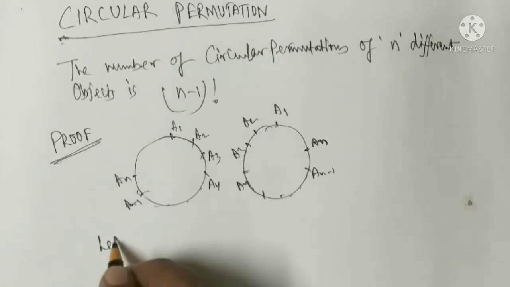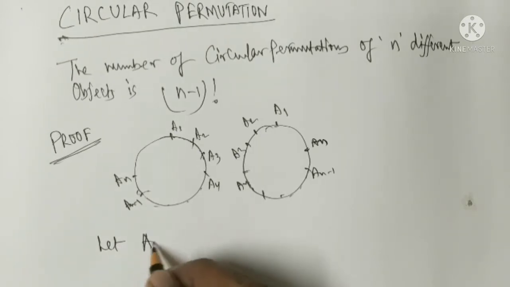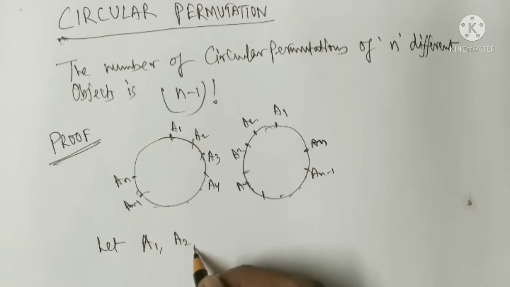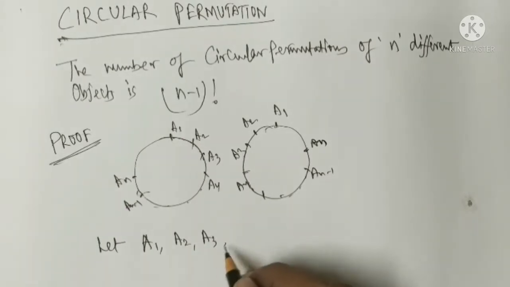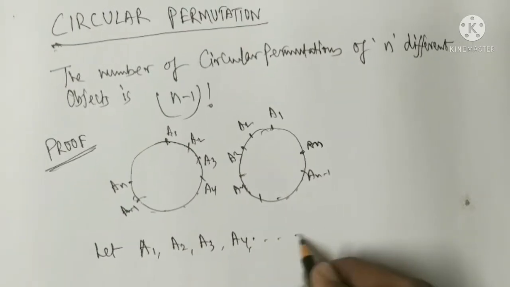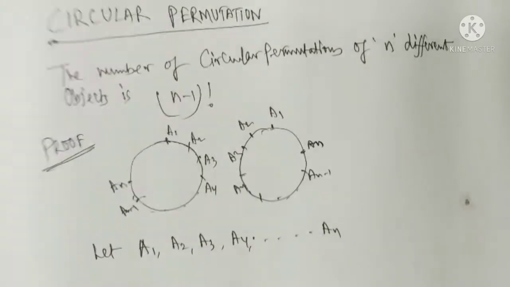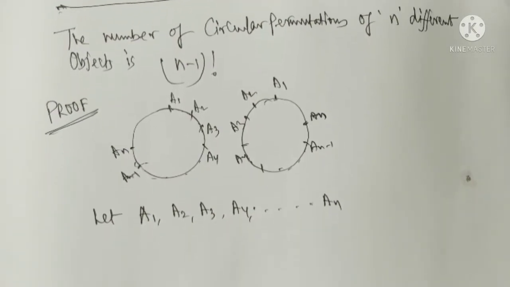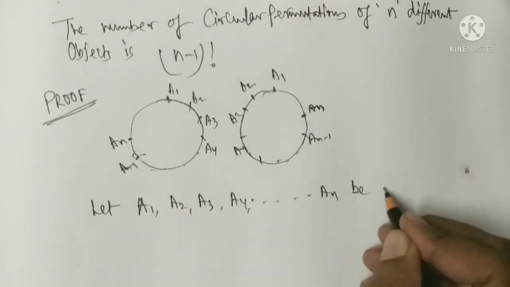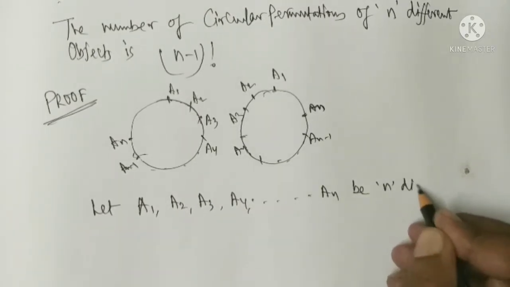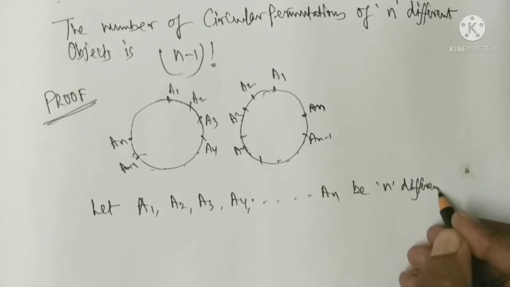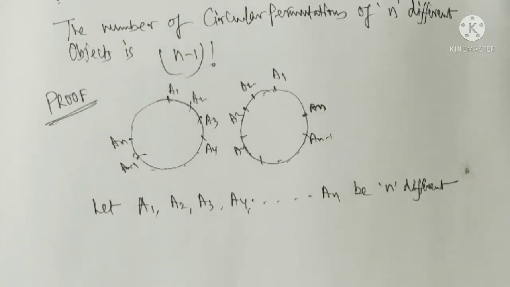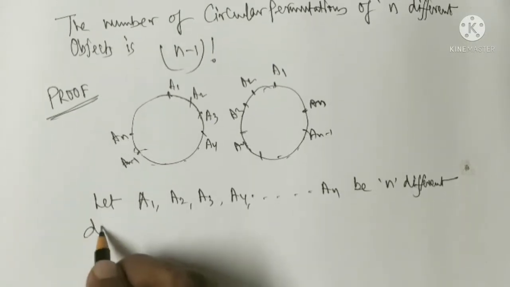Proof: let A1, A2, A3, A4, ..., An be n different distinct objects.